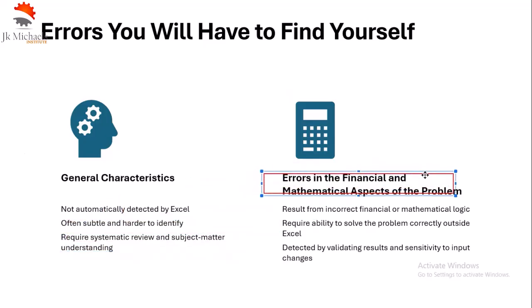Errors in the financial or mathematical aspect of the problem, right? If, for instance, you are creating an income statement, there is a way we calculate net profit that requires putting minus, and minus, and minus on every expense, and I'm going to show us when we get there.